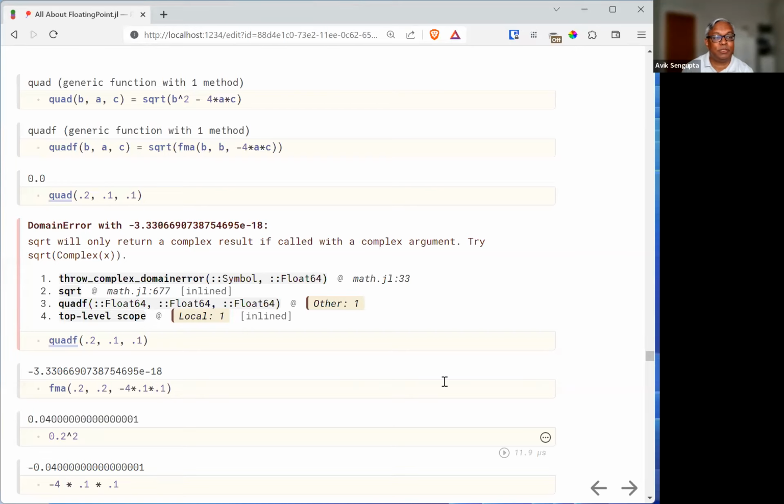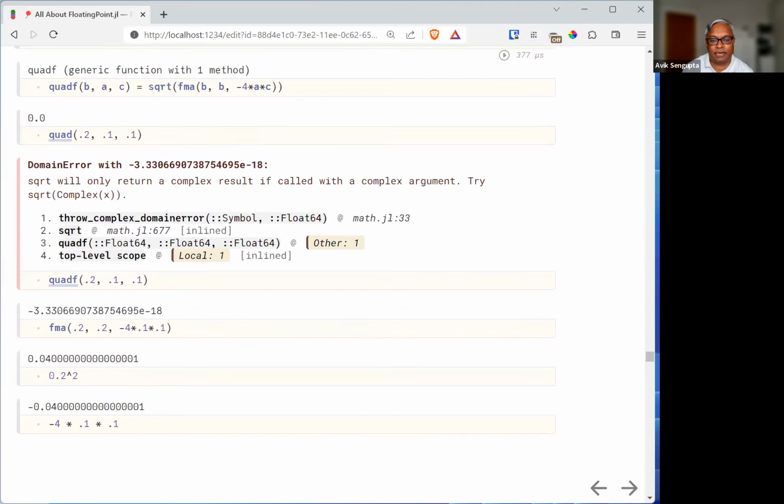One place where FMA is useful is, for example, if you get catastrophic cancellation. If you say square root of b squared minus 4ac, you're solving a quadratic equation. If b squared and 4ac are similar, you can get a rounding error and you get a negative number, and the square root of the negative number, you will get an error. But if you compute it using FMA, you will get a more accurate result, and then a 0 will be a real 0, and you will get the correct result again, right?